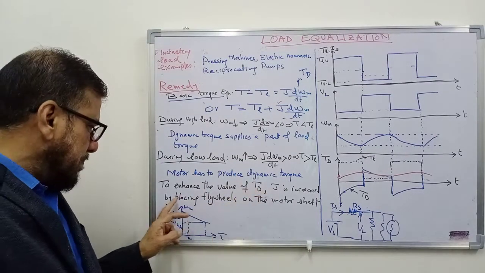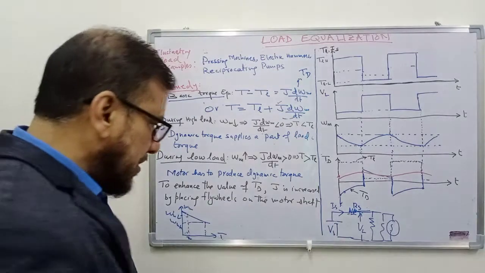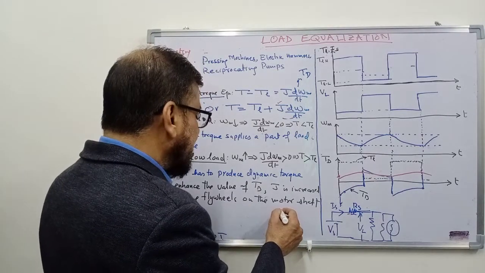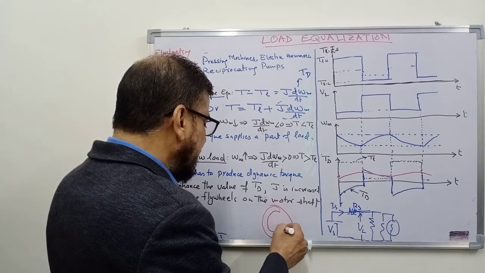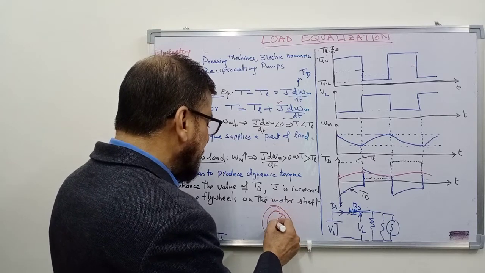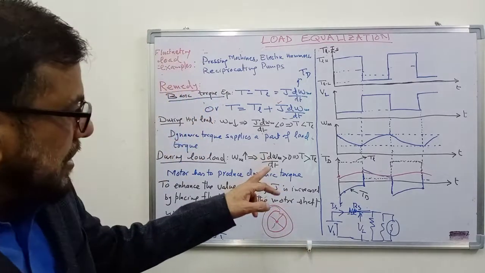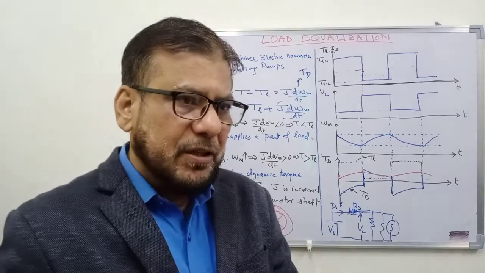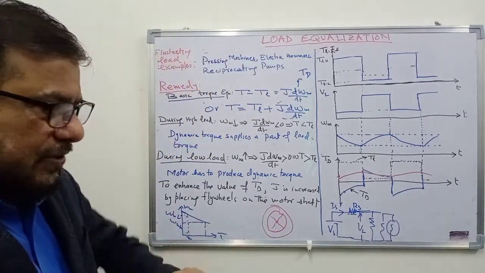You can place flywheels on the motor shaft. On the motor shaft, you could place some flywheels like this. You may have the flywheels like this. So, you know that the moment of inertia depends on mass multiplied by distance from the axis squared, mr squared.